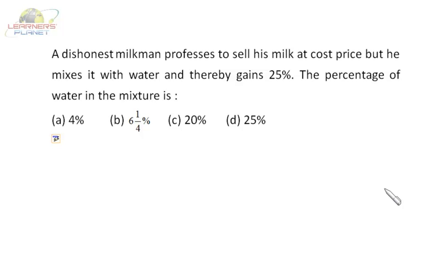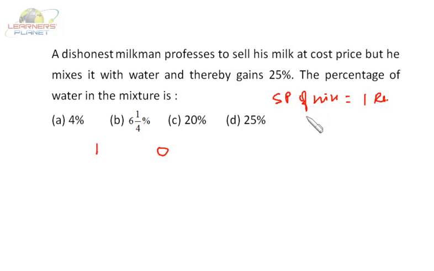Now further, let's assume the price of the milk is rupees 1 per liter. The price of water is 0 rupees per liter. By mixing them, we have to sell this mixture at 25% profit. That means the selling price of the mixture is 1 rupee. Okay, the selling price of the mixture is 1 rupee.